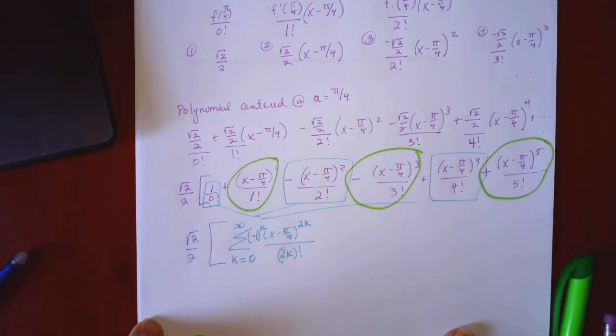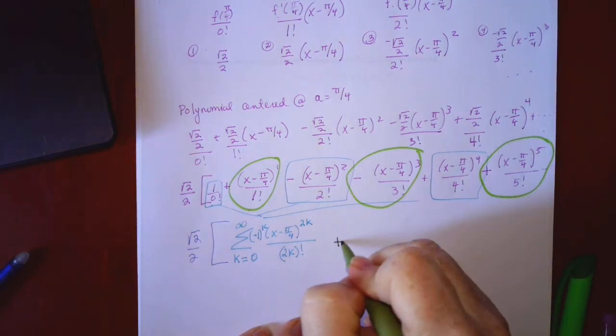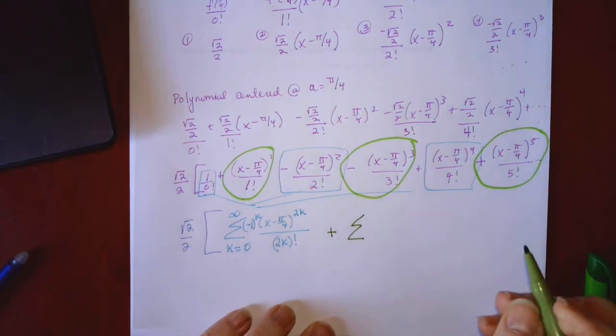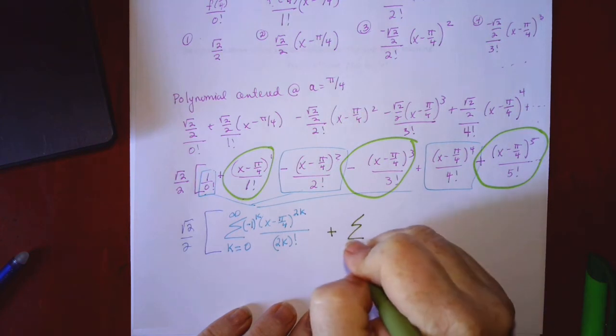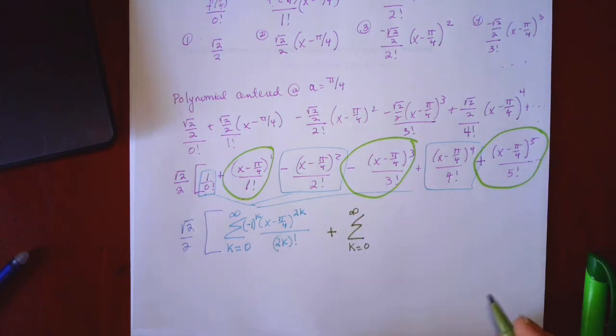Now, does that give me all my terms? No, that only gives me my even powers. So now, let's do something similar for the odd powers. And I'll have plus, for the ones in green, summation from, let's just start it at 0 since we started the other one at 0. Okay.